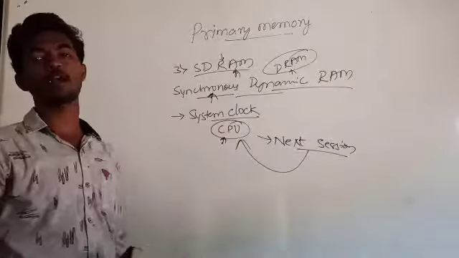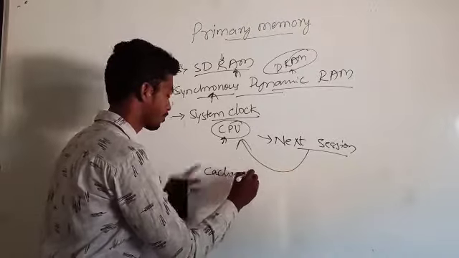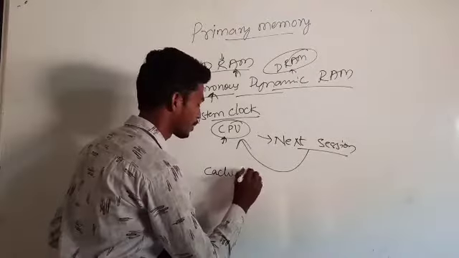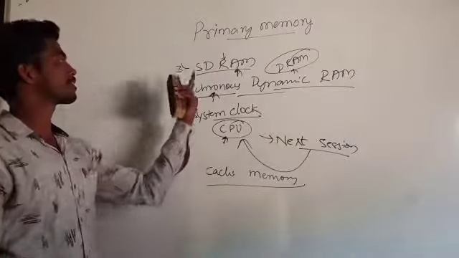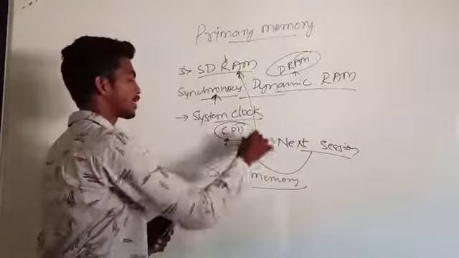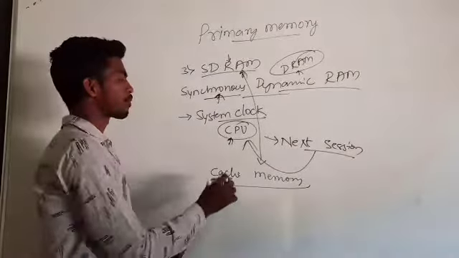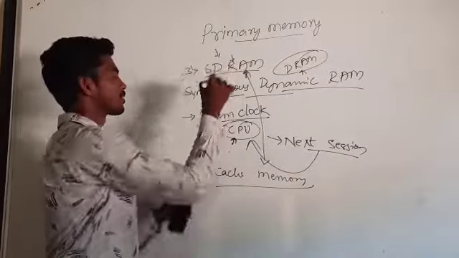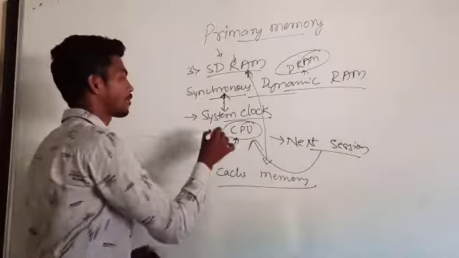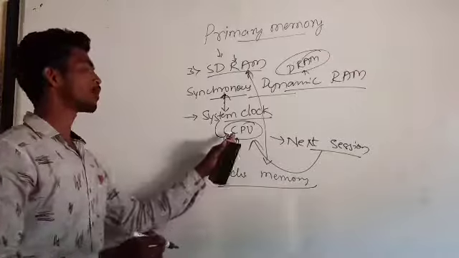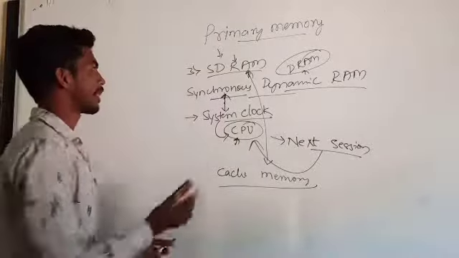This type of RAM is used in cache memory, which is a very high speed memory. It is synchronized with the system clock, which indirectly tells you it is synchronized with the CPU. And this is about SDRAM.